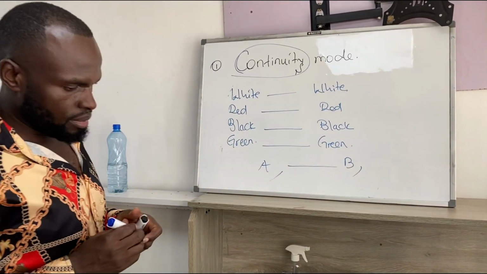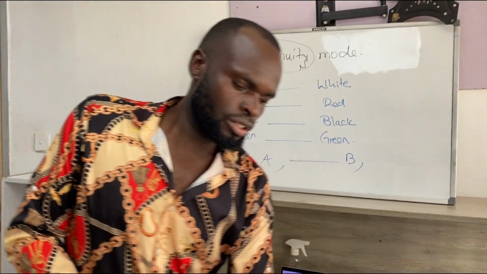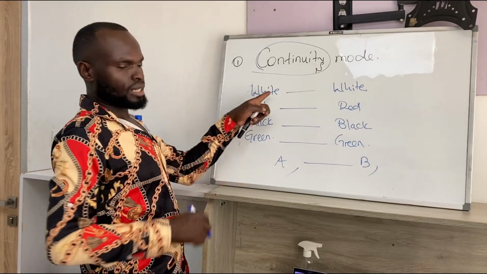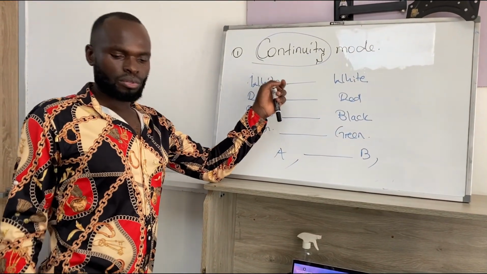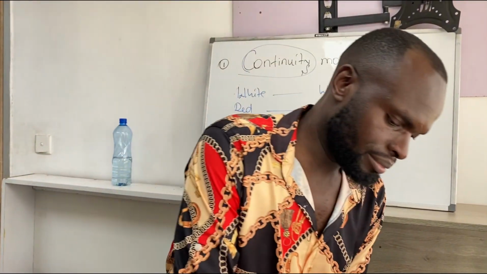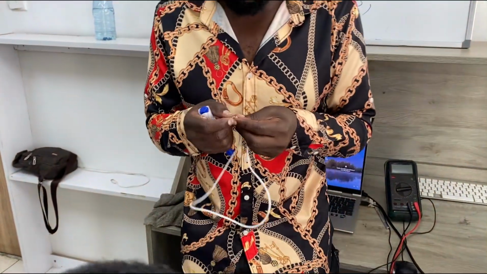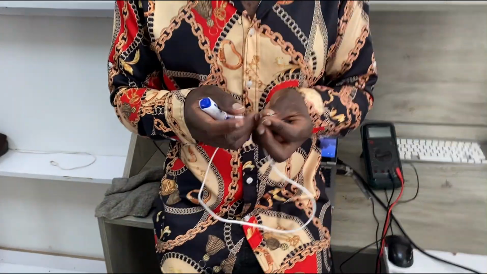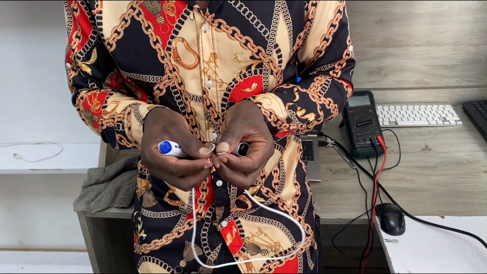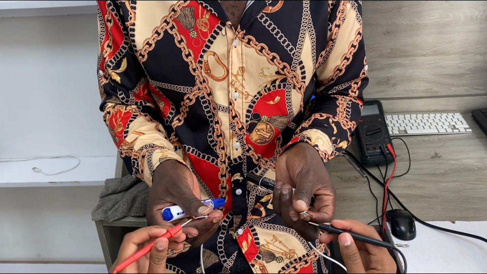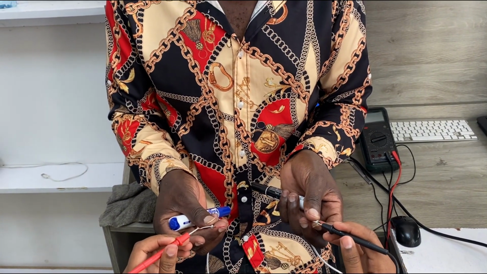If you put your probes under continuity mode, one probe should be on one side of the white, and the other probe on the opposite side of the white. Let me help you here. Let me hold it here like this. One probe should be on this side, and the other one on the opposite, white and white.